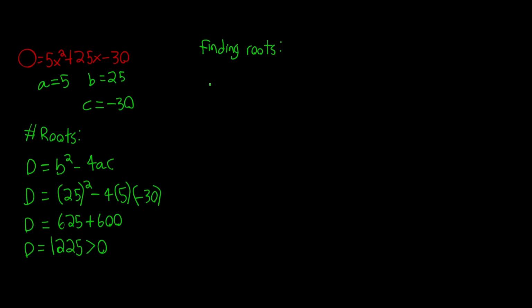Okay, so now we want to actually find what those roots are. So we have x is equal to negative b plus or minus the square root of the discriminant divided by 2a. Here, that gives me negative 25 plus or minus the square root of 1225 divided by 2a, which is 2 times 5.